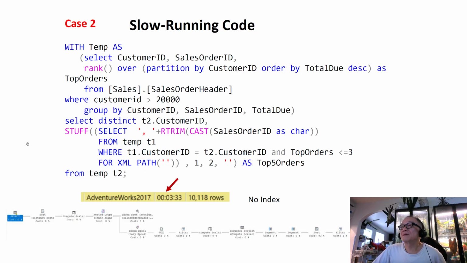This is the second case for code efficiency, and we will revisit the slow-running query we looked at earlier. Remember, this query took 3 minutes and 33 seconds to complete. We will see whether we can re-engineer the code a little bit to improve the query performance. Take a very close look at this code.